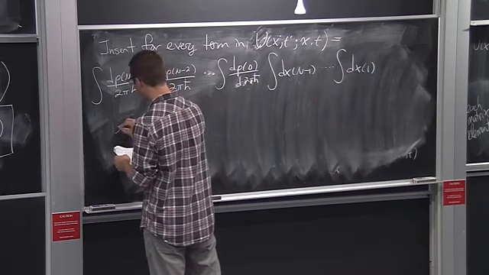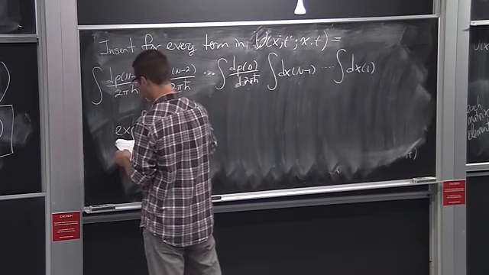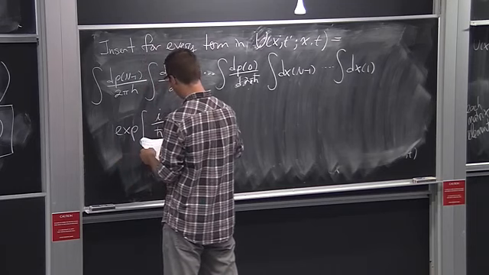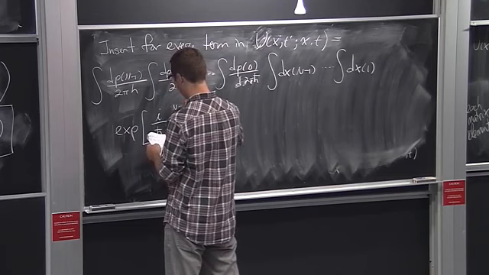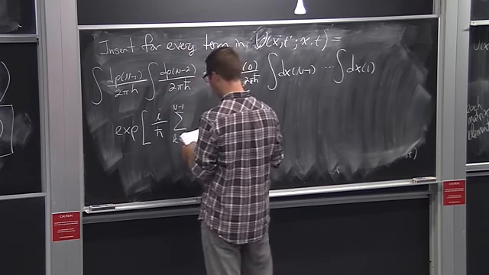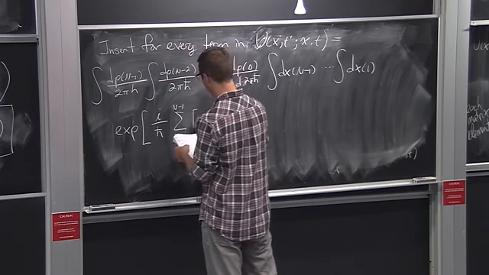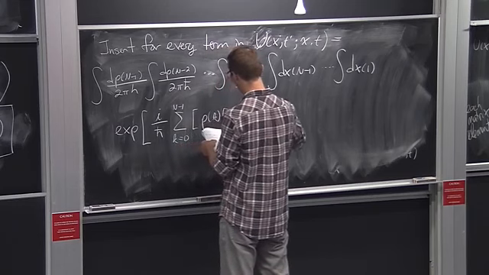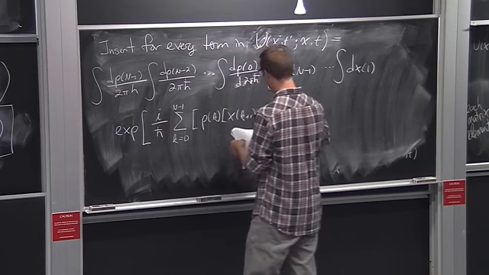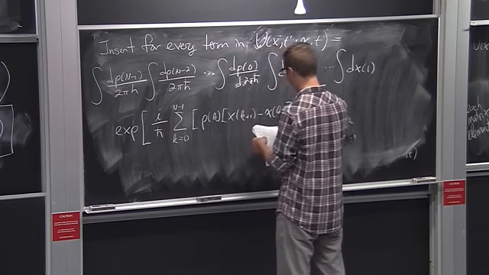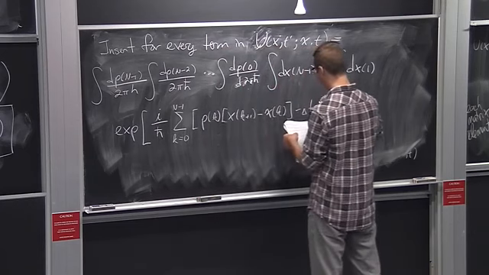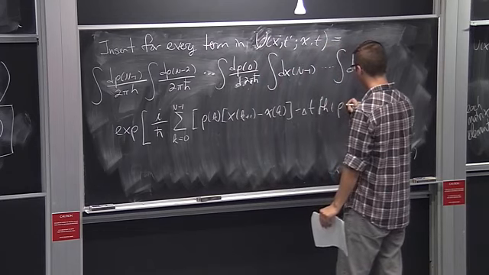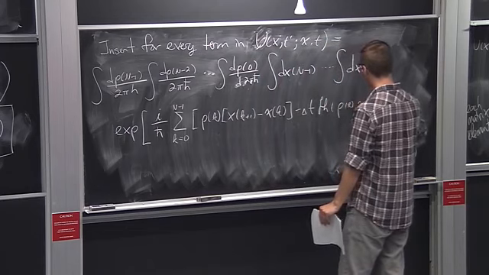And inside the integrand, the matrix element, which I'll write like this now. P of k, x of k.